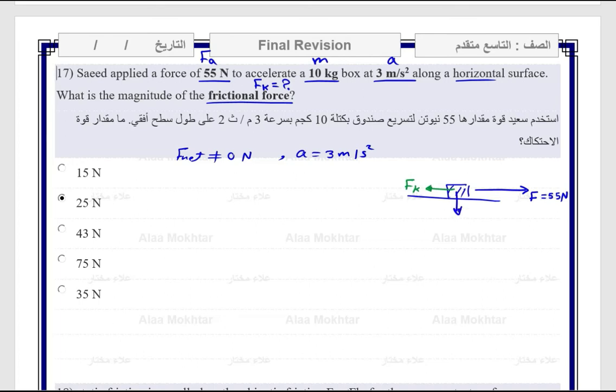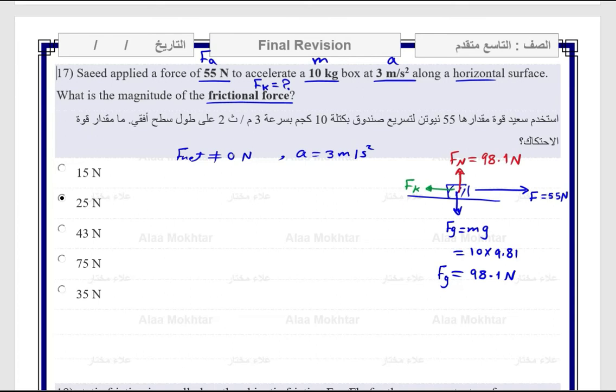The downward force is Fg, equal to mg. We can calculate it: 10 times 9.81 equals 98.1 Newton. In the opposite side, the upward force is the normal force, equal to Fg, so the normal force equals 98.1 Newton also.